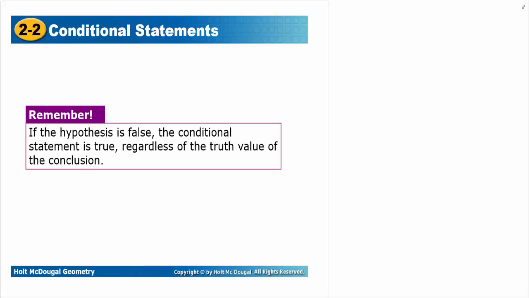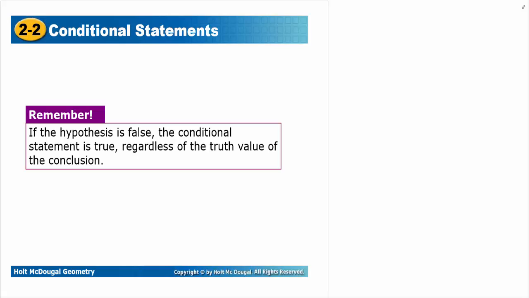Okay, so next again, we've got the hypothesis false. The conditional statement is true, regardless of the truth value of the conclusion. So when we're doing our truth values, like the one we did earlier, we had a false statement at the beginning and a false statement at the end. Again, that whole statement is kind of messed up in a way, right?